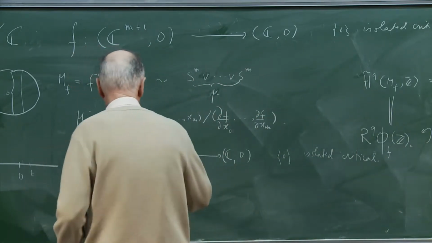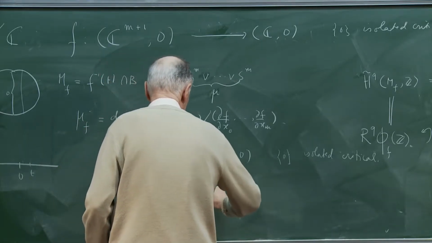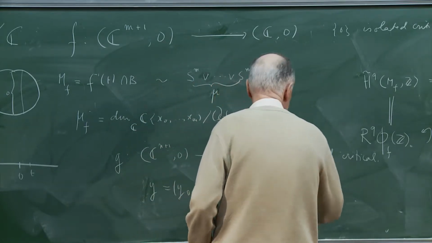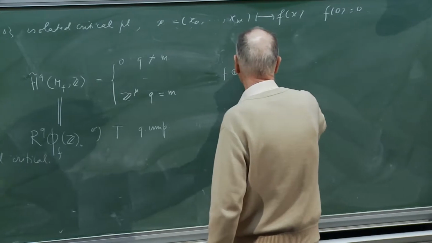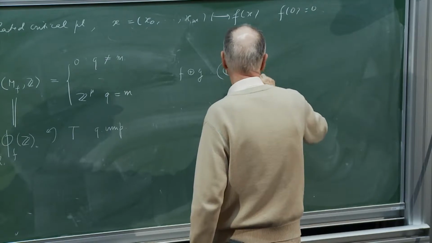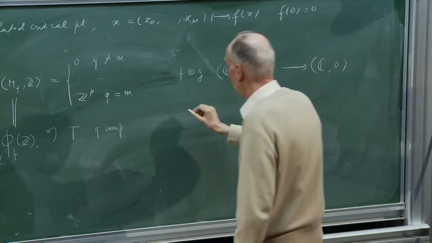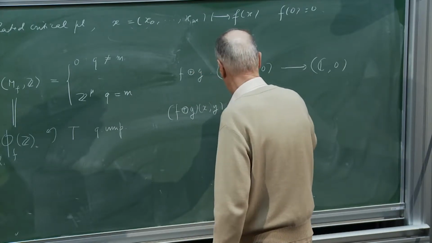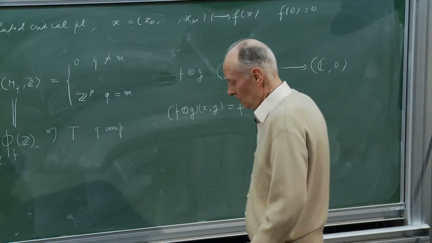Then you can consider the so-called sum map f plus g from C^(m+n+2) to C, defined by (f+g)(x,y) = f(x) + g(y).